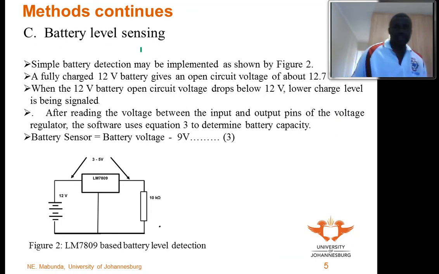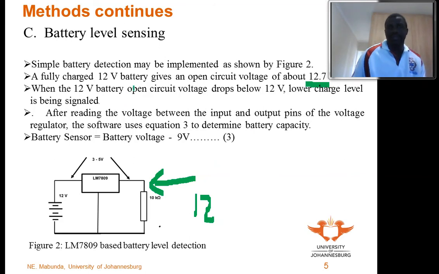And for the battery level sensing, we use the LM7809, which is a 9-volt regulator, taking advantage of the fact that the open voltage of a fully charged battery is about 12.7 volts, as highlighted there, and a discharged battery will give you around 12 volts.